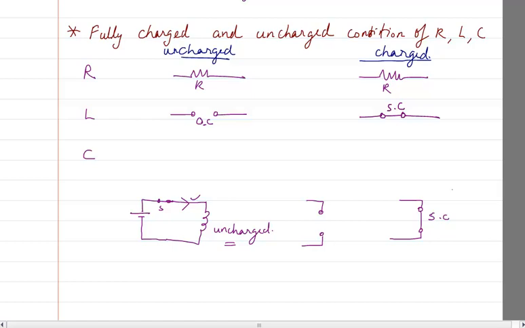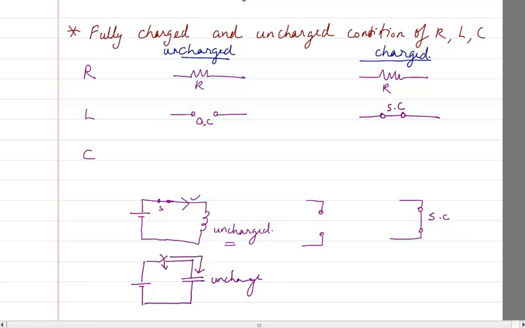Okay, and similarly, when you have a capacitor, suppose there is a battery to which a switch is connected, and there is a capacitor, and after switching, this is uncharged, and you try to pass current through it.